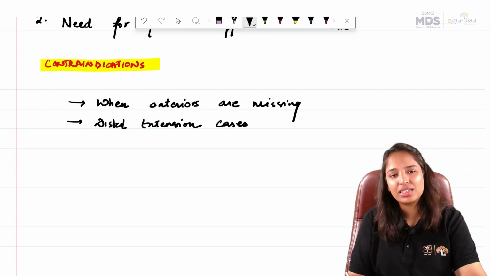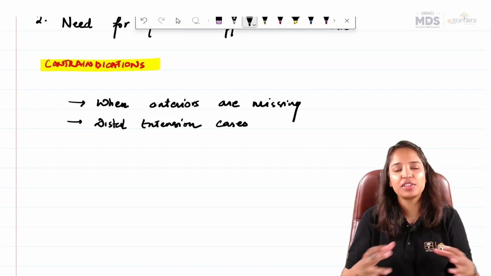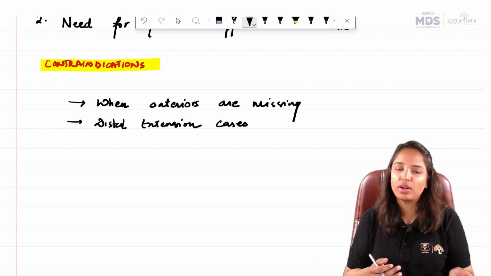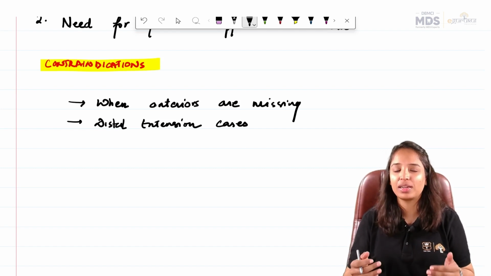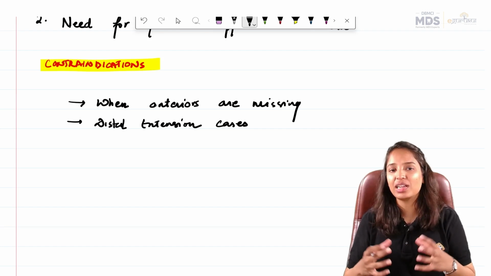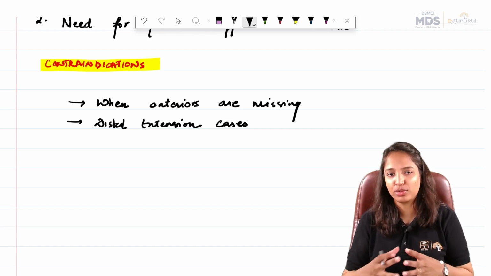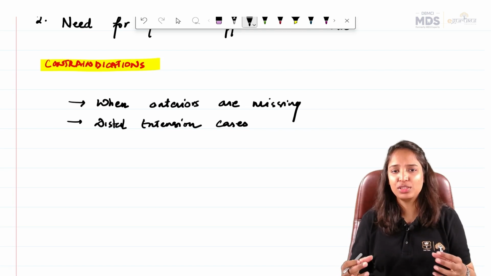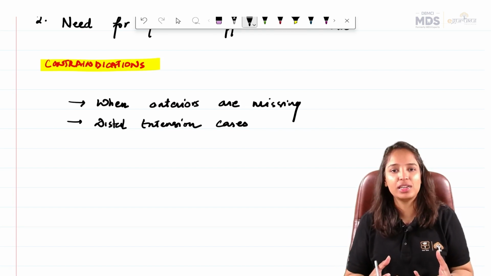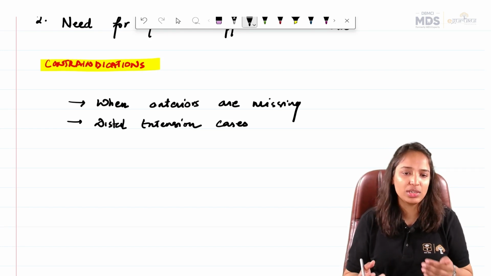So when anterior teeth are missing, again because of its location posteriorly behind second premolar, you will not be able to utilize your single palatal strap. Also, because it is deriving lesser support from the palate because of the size of the strap, you will not be able to derive enough support that is needed for a distal extension situation.